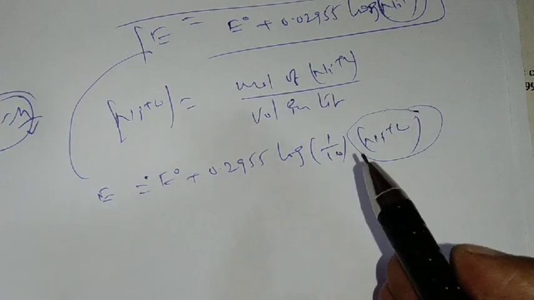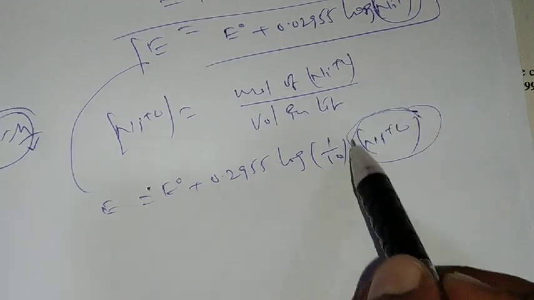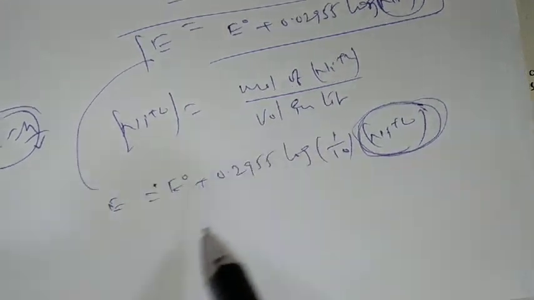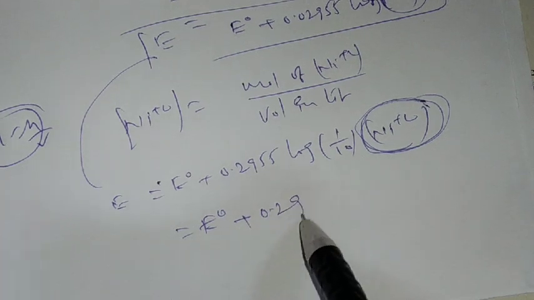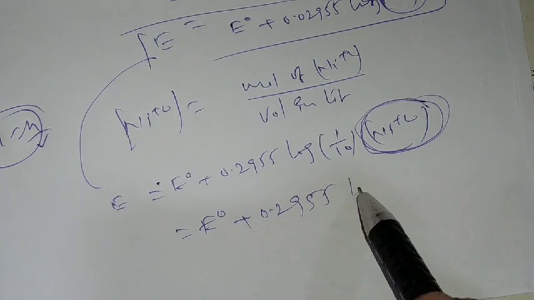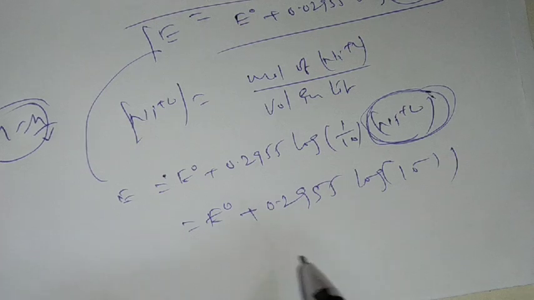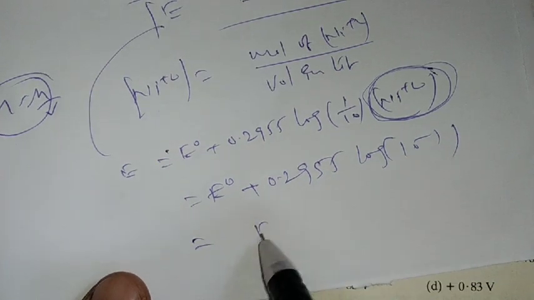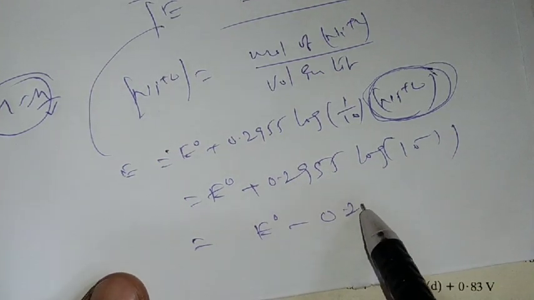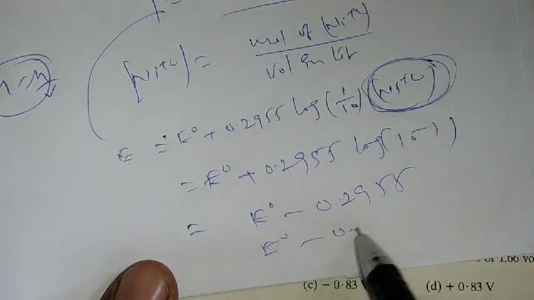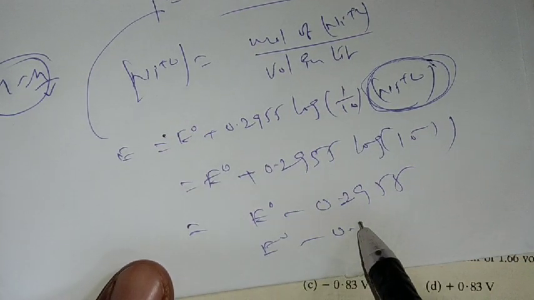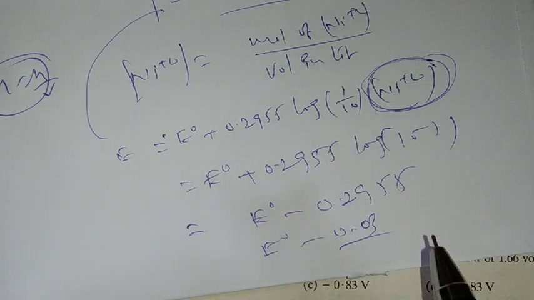Now if you take this as unity, then what you get here? E0 plus 0.02955 into log 10 power minus 1. If you simplify, E0 minus 0.02955, that is E0 minus nearly 0.03. Is it clear?